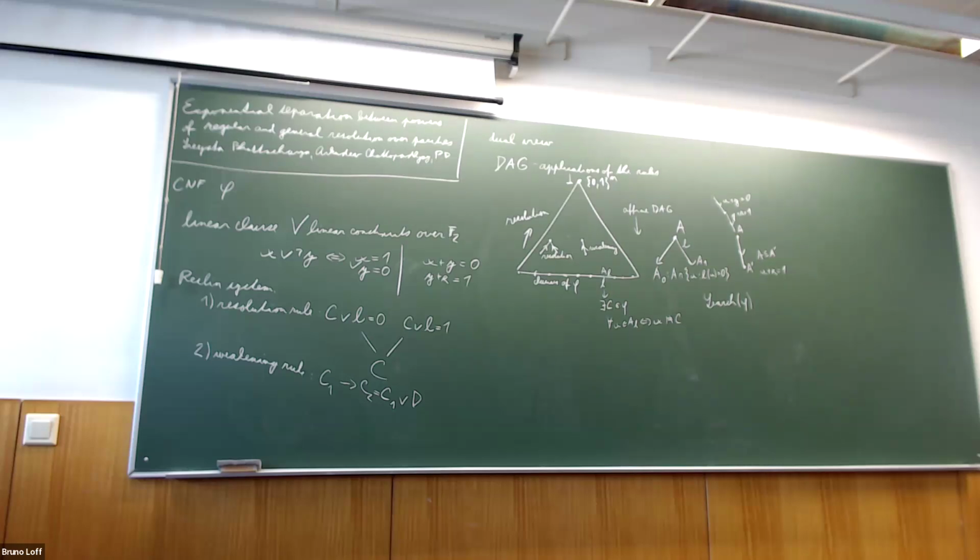Now the claim is that there's a perfect correspondence between ResLin proofs and affine DAGs for this problem: ResLin refutations of phi correspond in a one-to-one way to affine DAGs for search phi. Okay, got it, we understood.